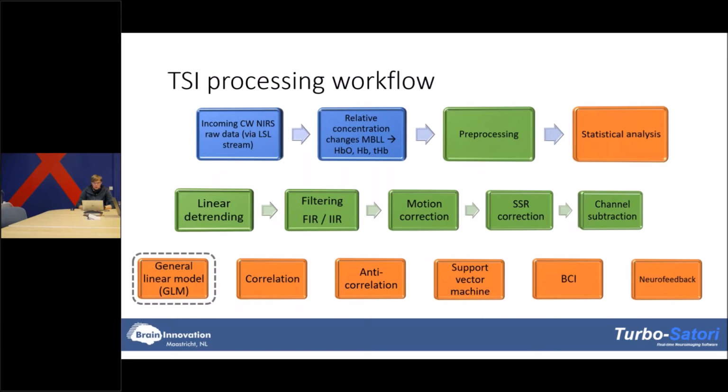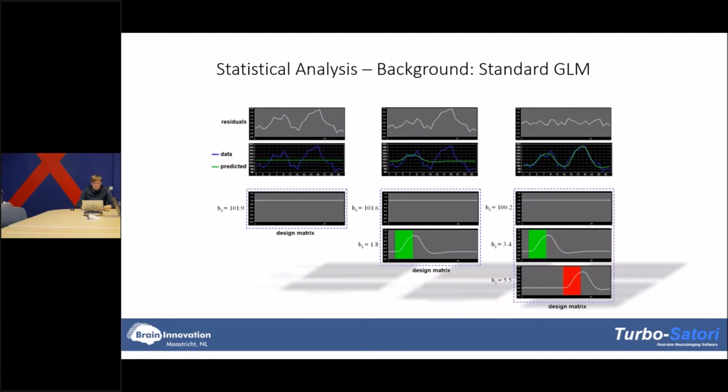Some more details about the GLM, because I think this is a very important feature in Turbo Satori. For the statistical analysis, as you have seen in the data, we basically have our model, and with the information that we provide, as you can see here in our design matrix, the more data will be explained. If you only provide one line within our design matrix, we will only have one predicted time course or a flat line.